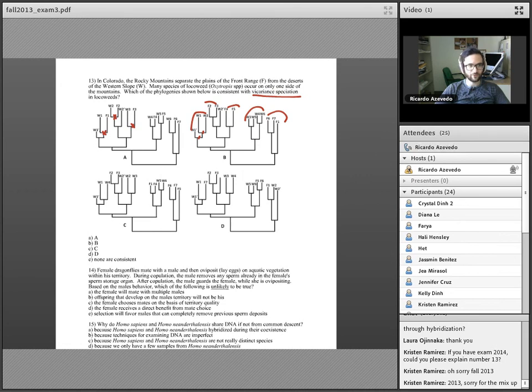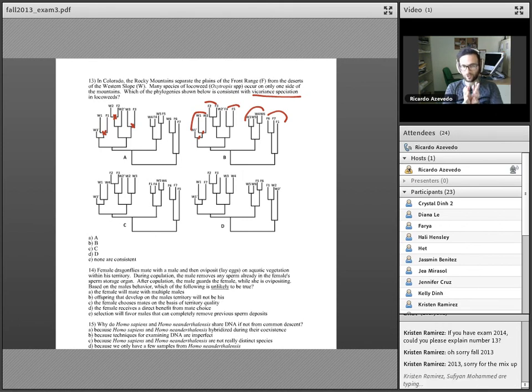Each one of these points is a speciation event, right? We are looking for the ones where speciation events result in F and W and not just S. We want the speciation to occur with geographic isolation so as to classify it as vicariance.